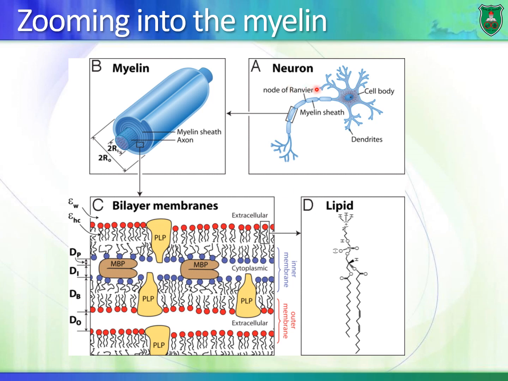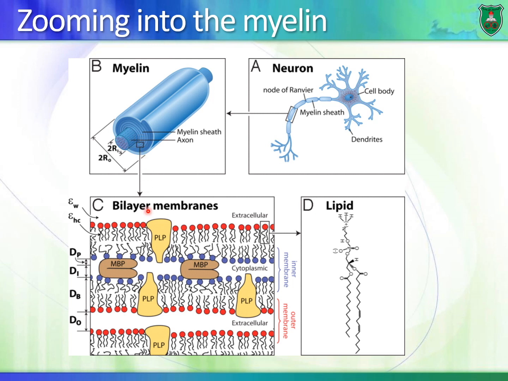Okay, so here we have a neuron, and right here you can see the axons. You can see the myelin sheath covering it. Right? Zoom in, and you will find layers of myelin sheath right here, and the axon is right in the middle, protected.